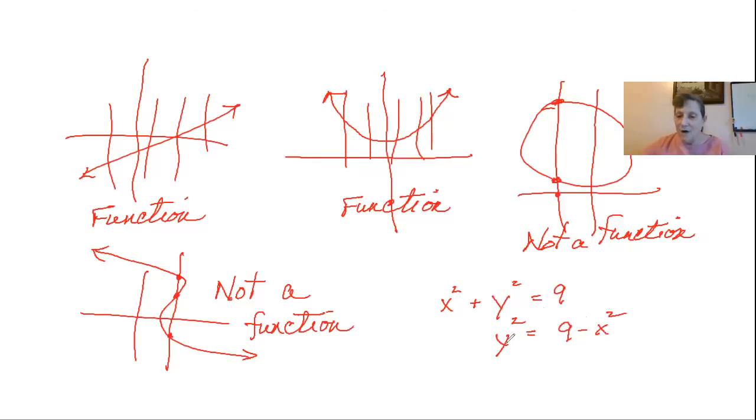And to solve y squared, to reduce it down to y, we have to do the square root. But when you take a square root that wasn't already part of the equation, you have to put plus or minus. Y is plus or minus the square root of 9 minus x squared.